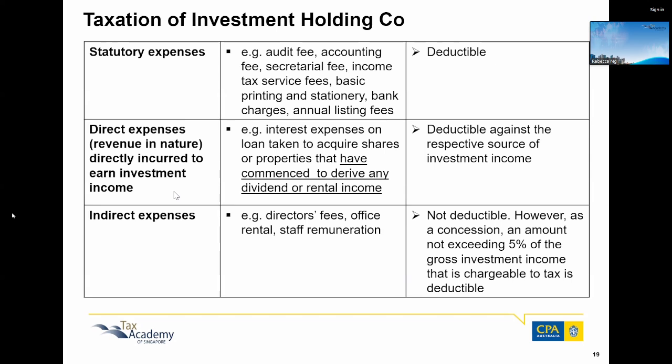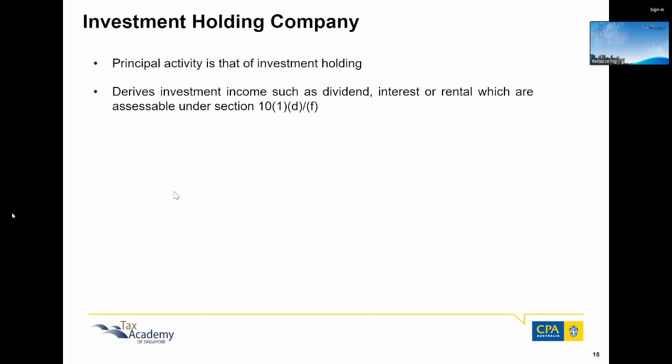Then we have the investment holding company. An investment holding company is a company that does not carry on a trade or business and only derives passive income such as dividend, interest and rental.